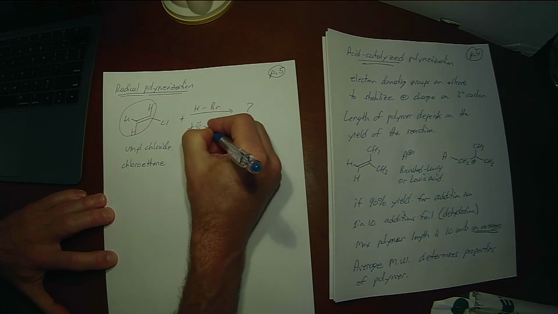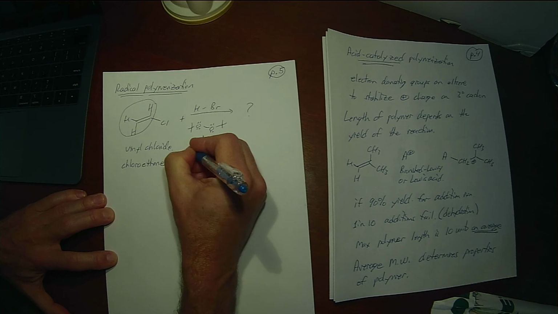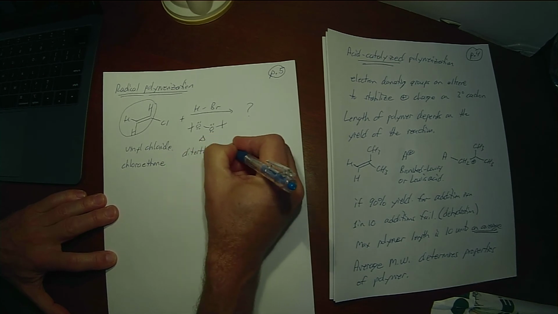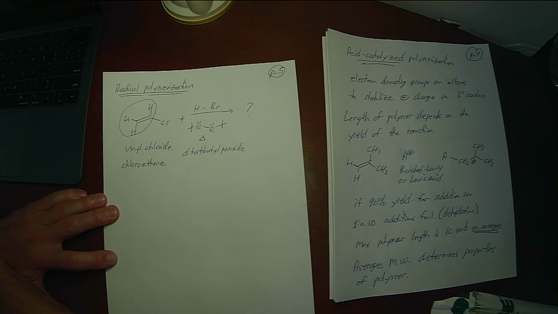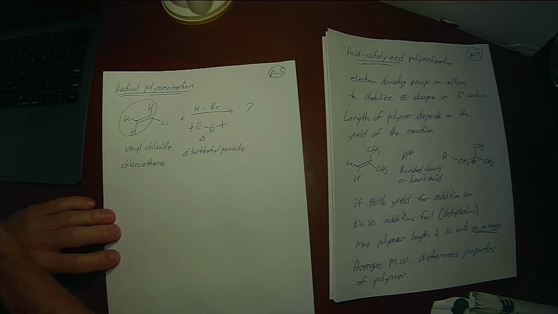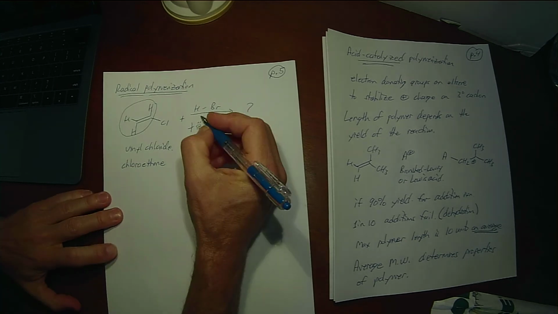A little bit of di-tert-butyl peroxide. This reaction could be on the exam. Hydrogen bromide, chloroethene. I should have had a quiz today. Anti-Markovnikov addition.